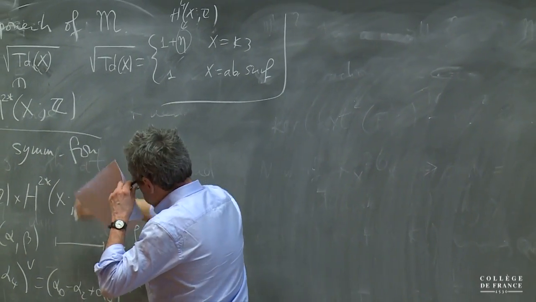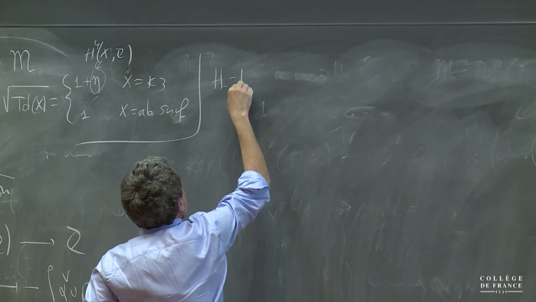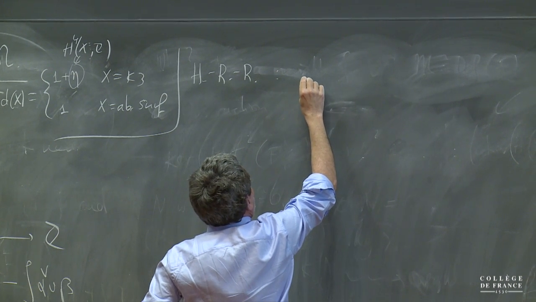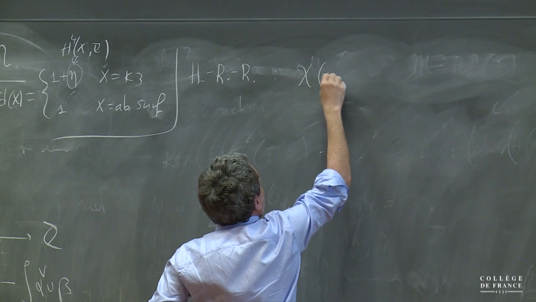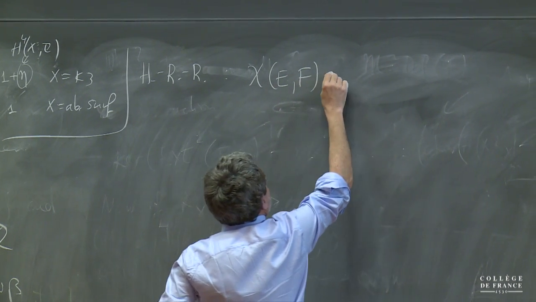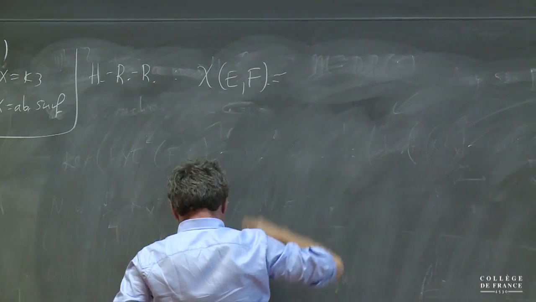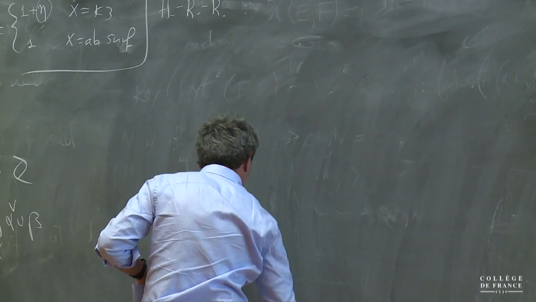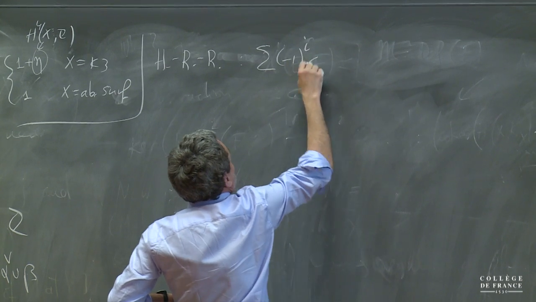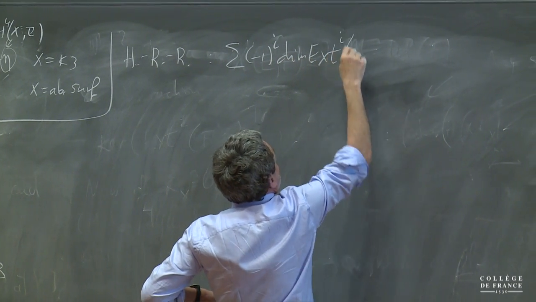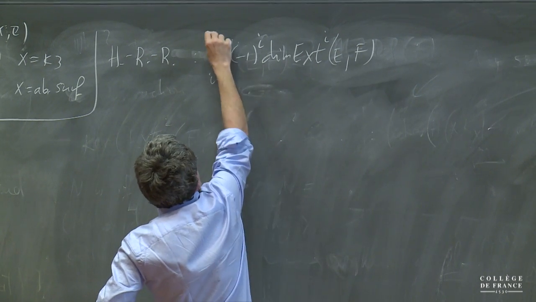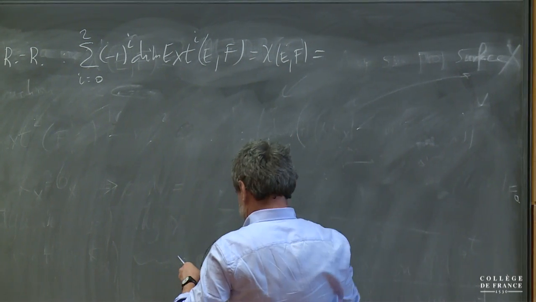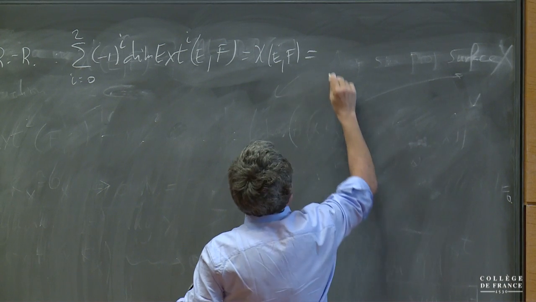What is the point of defining this thing? It is that Hirzebruch-Riemann-Roch gives you that if you have two sheaves on X, this, which by definition is, let me write it the other way around, is equal to, there's a minus sign, right?